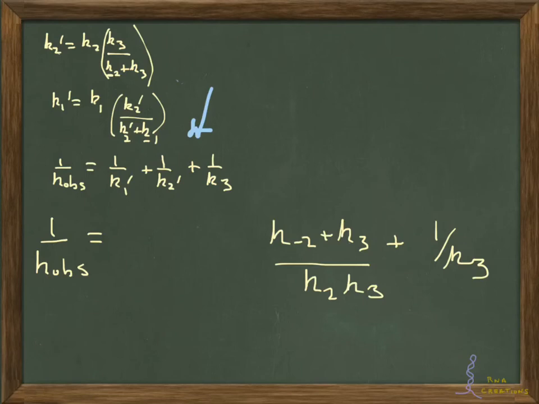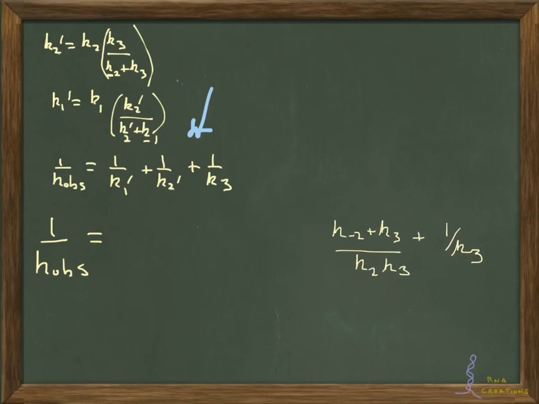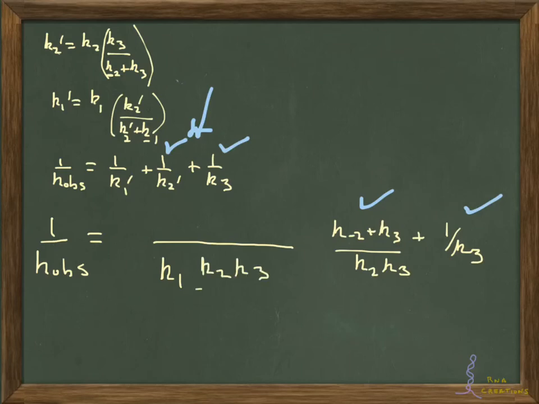Okay, so in other words, that takes care of that, this takes care of this, and then for 1 over k1 prime, I'll have k1, and then I have k2 prime, and k2 prime is equal to k2, k3 over k minus 2 plus k3.